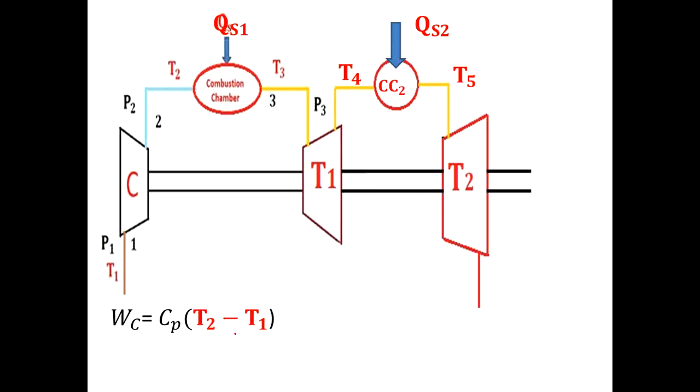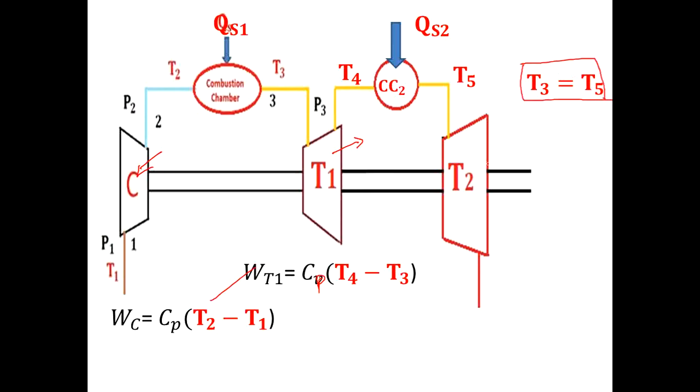The work absorbed by the compressor is this one, and the work produced by turbine 1 is Cp into T4 minus T3. Already I told you that you want to assume T3 is equal to T5.